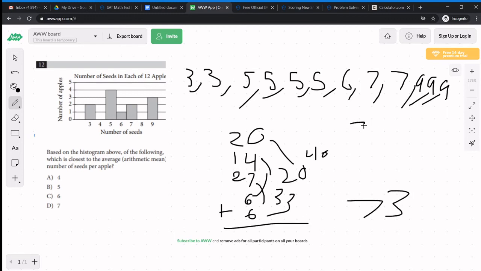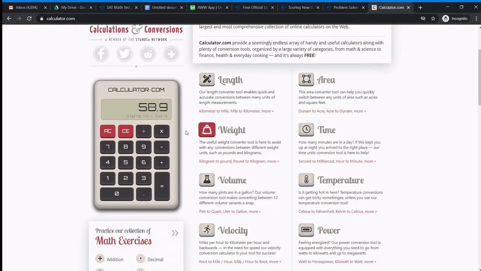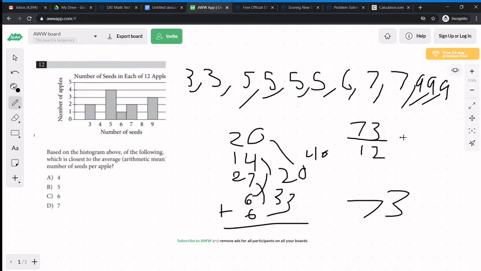So you have a total of 73, and you have 1, 2, 3, 4, 5, 6, 7, 8, 9, 10, 11, 12 apples. Divide 73 by 12, and you will get, let's just check, approximately 6 apples. Approximately 6. So you get C equals 6 because it's asking which is the closest.